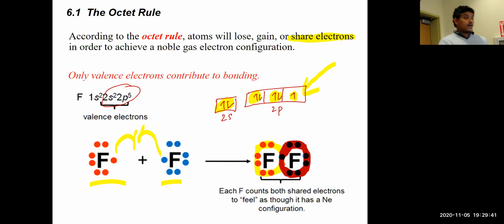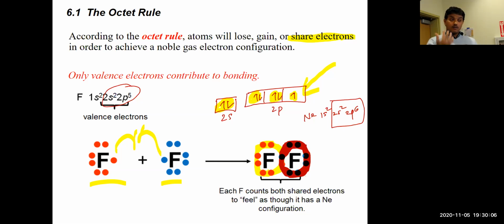So neon, if you guys can recollect, has the electron configuration of 1s2, 2s2, 2p6. There are 8 valence electrons in shell 2, which is the noble gas electronic configuration. That is more stable because noble gases are stable because they have a complete shell.